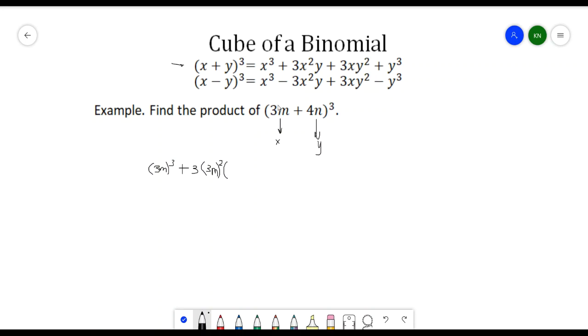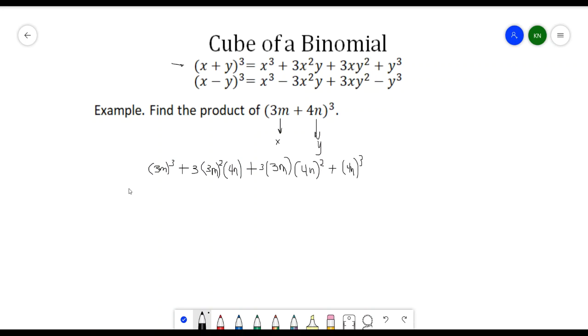And then our y, which is equivalent to 4n, plus 3, we have x, which is 3m, times y squared, which is 4n squared, plus our y cubed, which is 4n cubed.